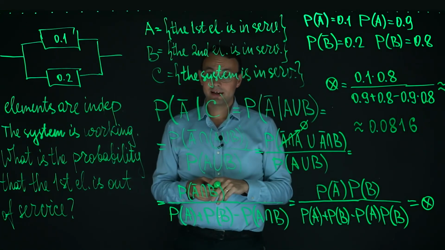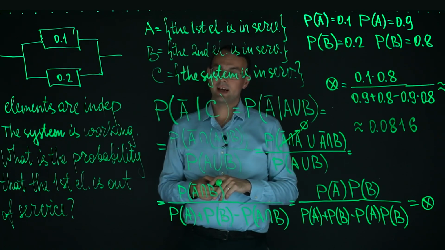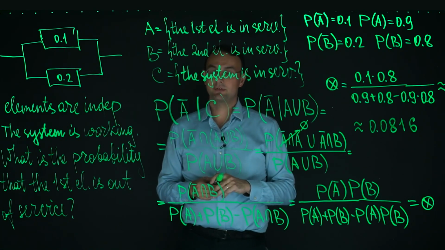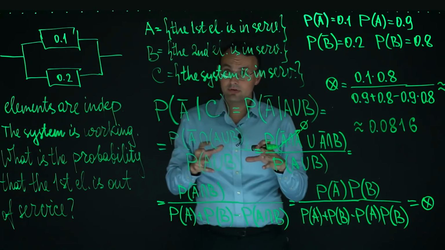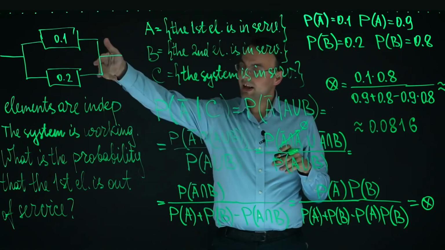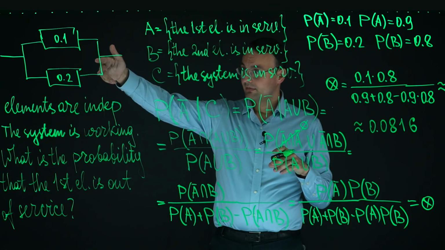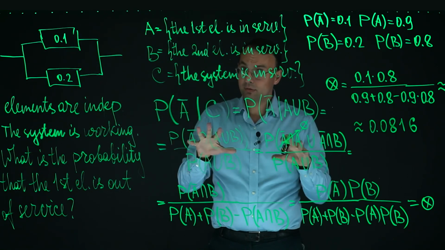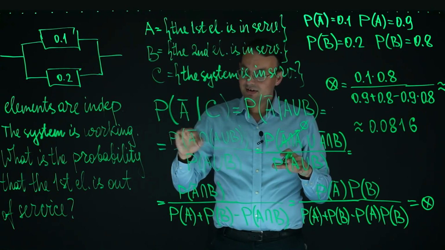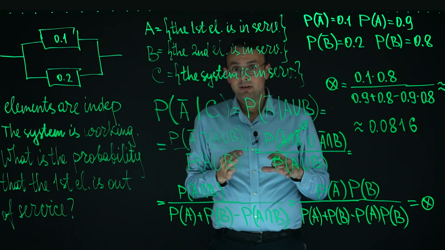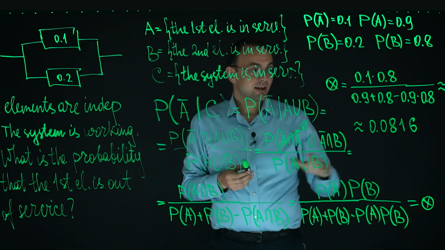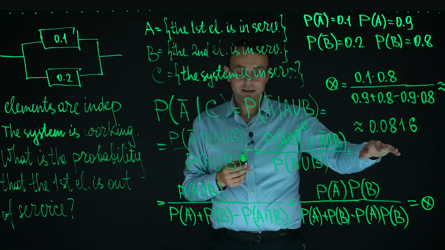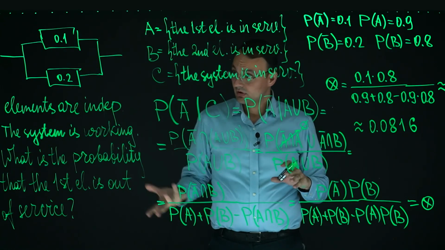Because this additional knowledge that the system is in service excludes the situation when both elements are out of service, both the first and the second. As this situation is excluded, then chances for the first element being out of service are a little bit less than in situation when we don't know this information.